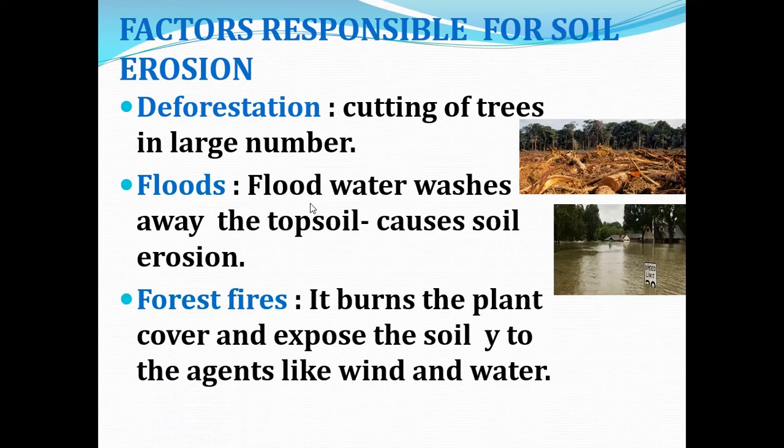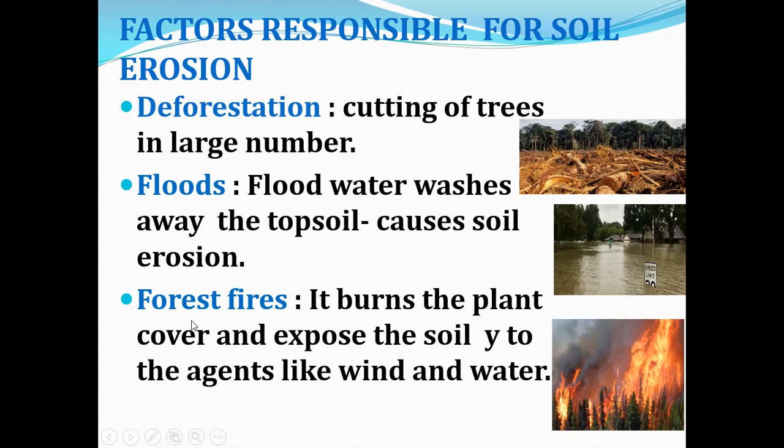Deforestation causes soil erosion. Now forest fire burns the plant cover. Here you can see in the picture, due to the action of wind and water, it burns the plant cover.